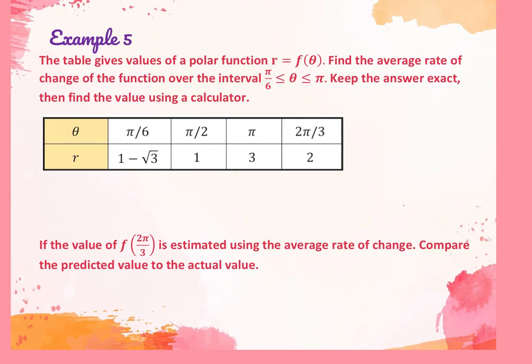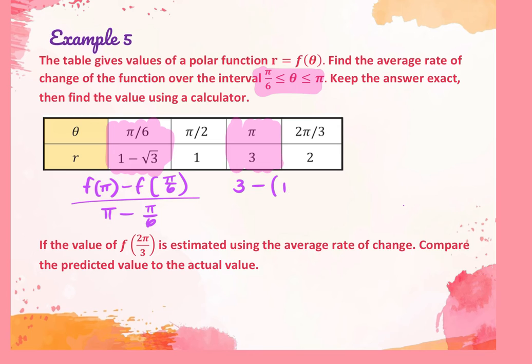Okay, we're finding the average rate of change from pi over 6 to pi. So I'm going to do f of pi minus f of pi over 6 over pi minus pi over 6. And f of pi is 3. And f of pi over 6 is 1 minus root 3. And I'm putting in parentheses because that negative is going to get distributed to both of those.